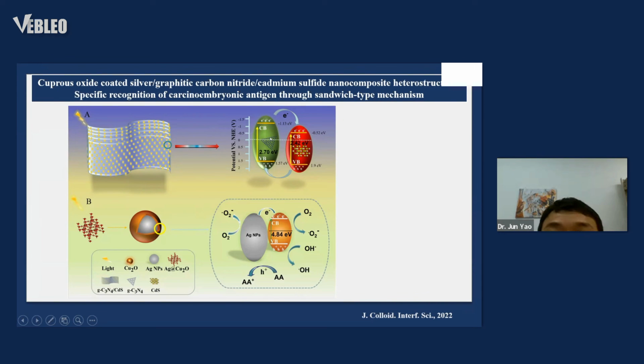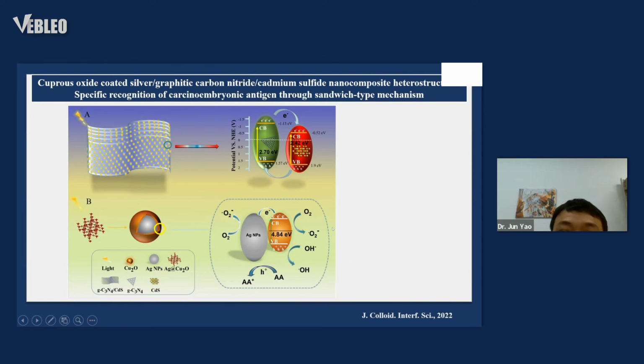The scheme displays the VB and CB. The result displayed in the detection process of AA is illustrated.